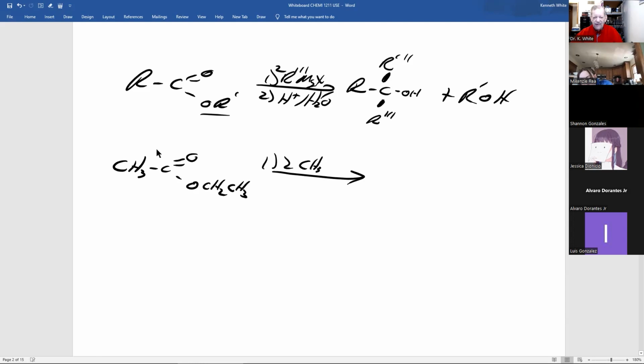Oh, and I should say the carbon in the R triple prime with the MgX on it is the carbon in R triple prime bonded to the carbon with the hydroxyl group.